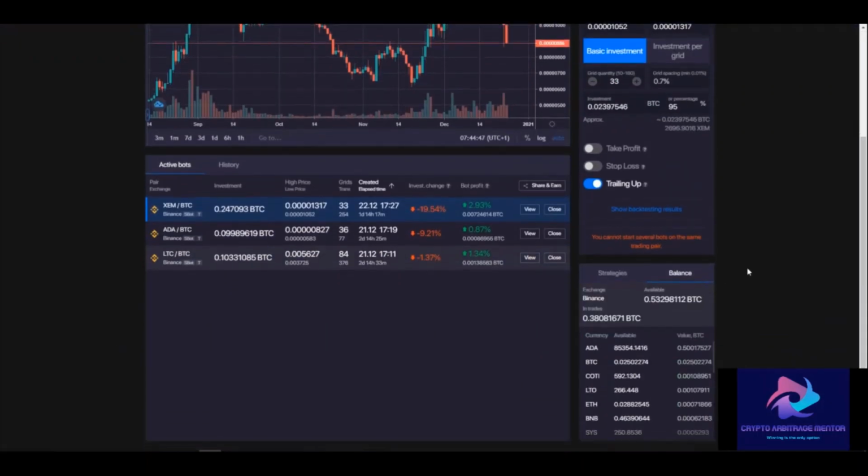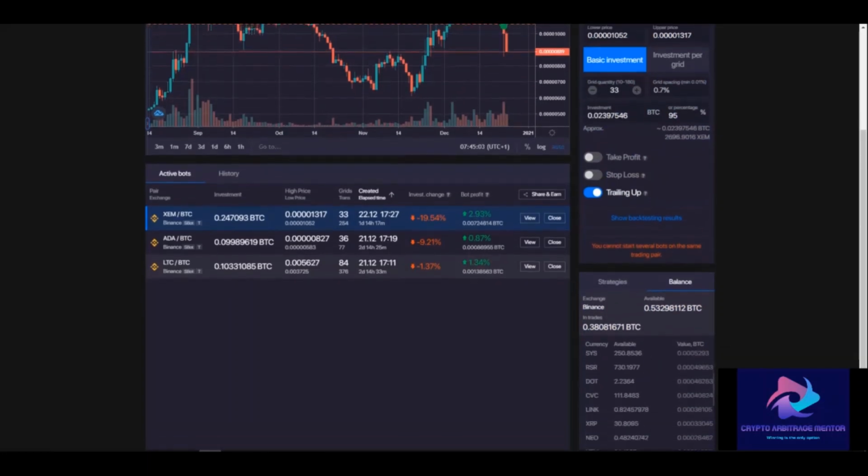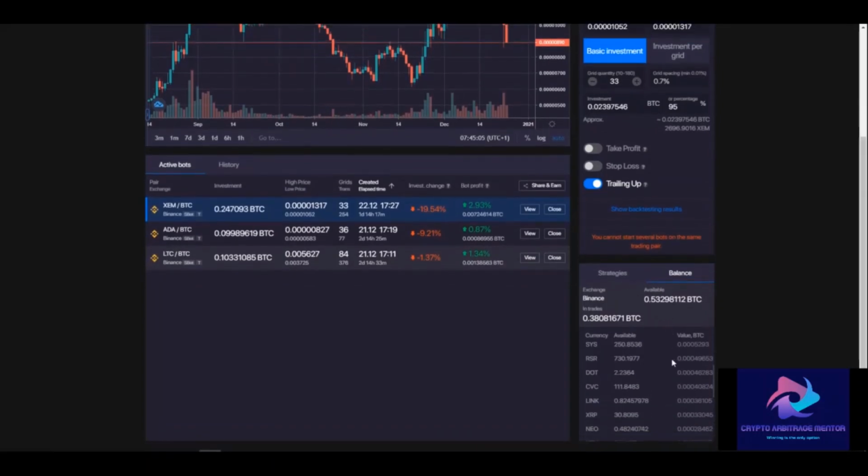And you can see here in balance, you can change strategy for balance, and I have this ADA available and other coins that I used in past bots. Where is ADA, where is GEM, where is GEM, my friend?